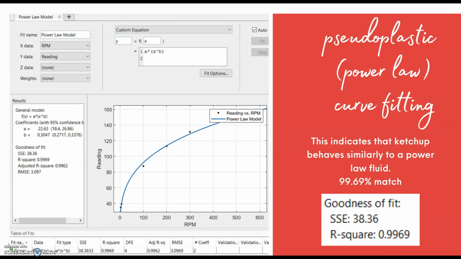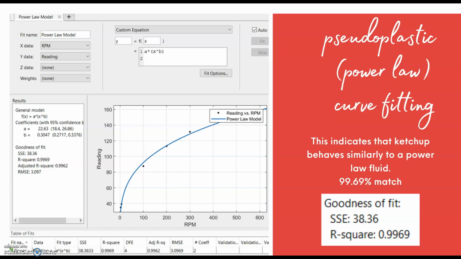Here are the results from fitting a power law curve model. The equation for a power law fluid is tau equals k times gamma raised to the power of n. This is the model that I have predicted in my hypothesis because it is often used to describe shear thinning. As you can see, this graph displays a 99.69% curve fitting match. I believe that this is one of the sources for conflicting evidence regarding ketchup rheology.